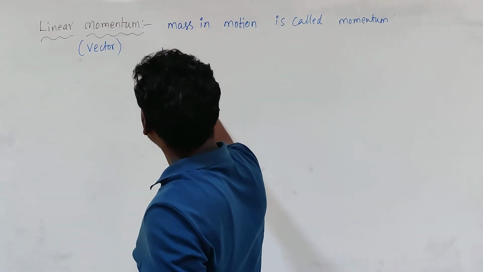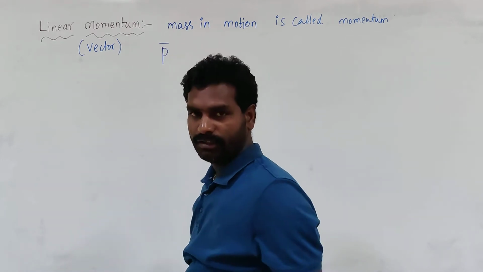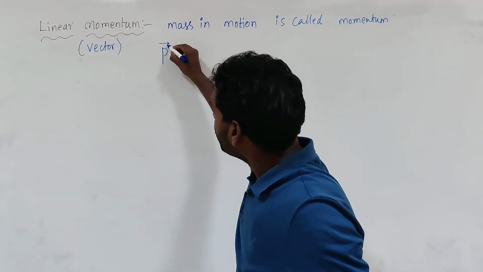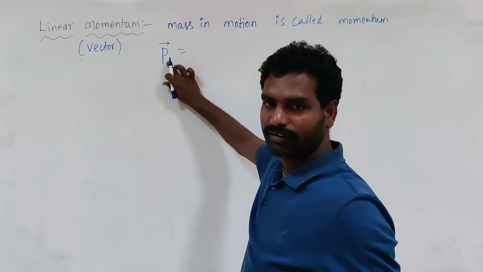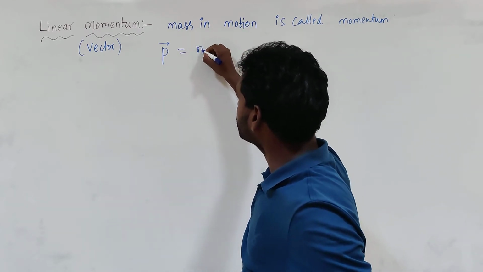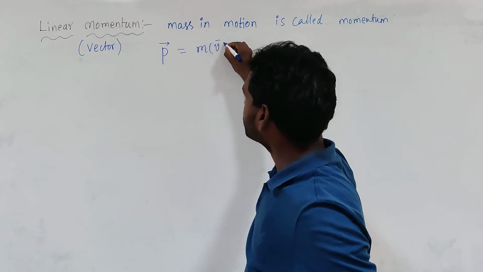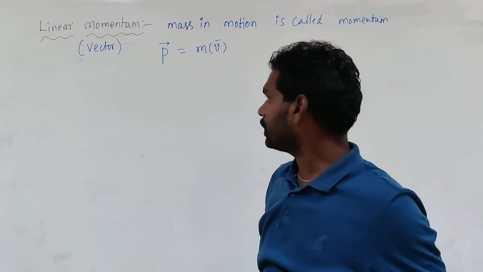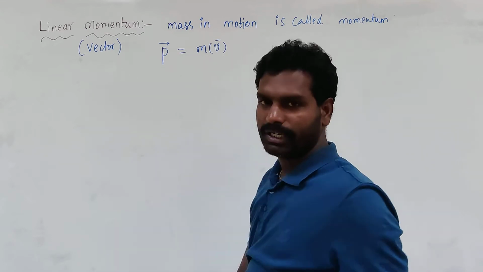Here linear momentum is indicated with P. I'm writing a bar over P, which means P is a vector quantity. So momentum can be defined as mass in motion, that is mass times velocity. M into V is nothing but momentum.